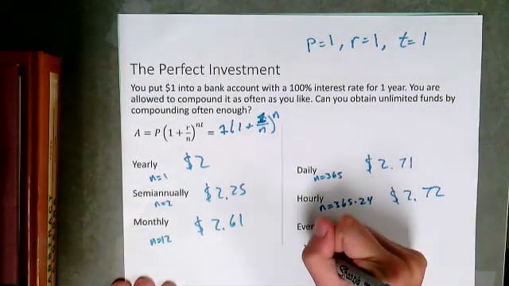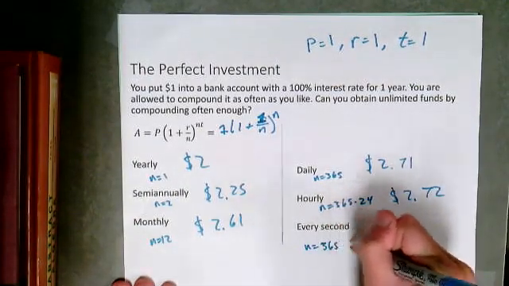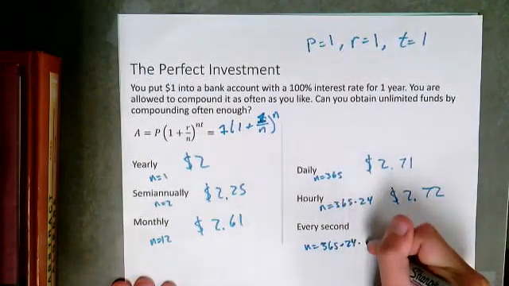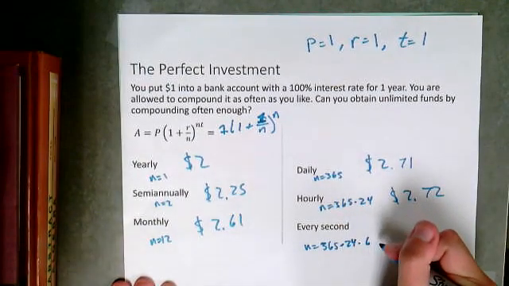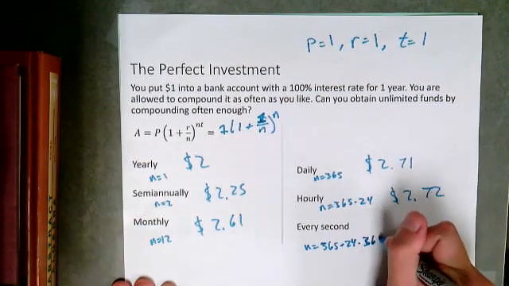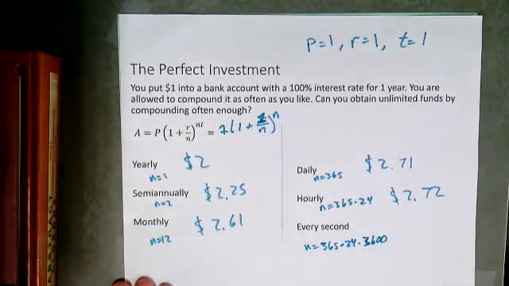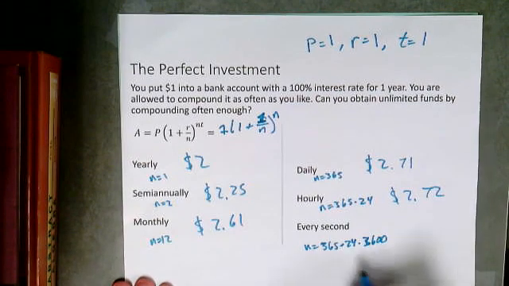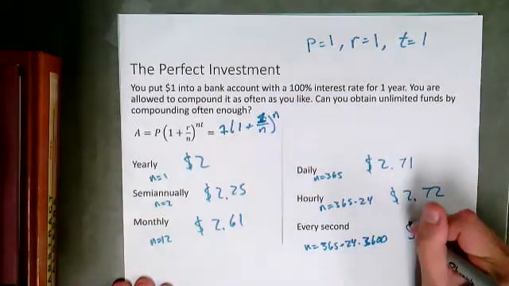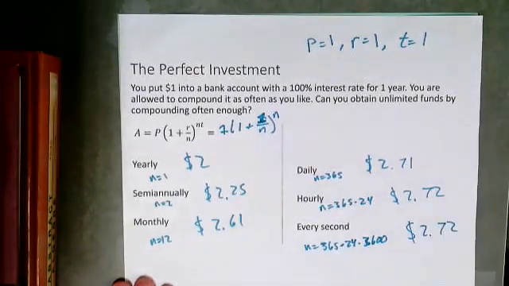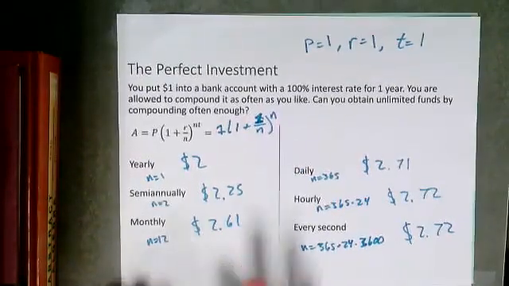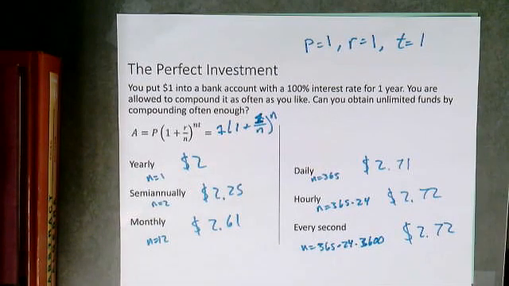Every second, N is going to be 365 days times 24 hours times 60 minutes times 60 seconds, but multiply those last two and you get 3600. Anyway, that's going to get you $2.72 again. So there are some limits to compounding.